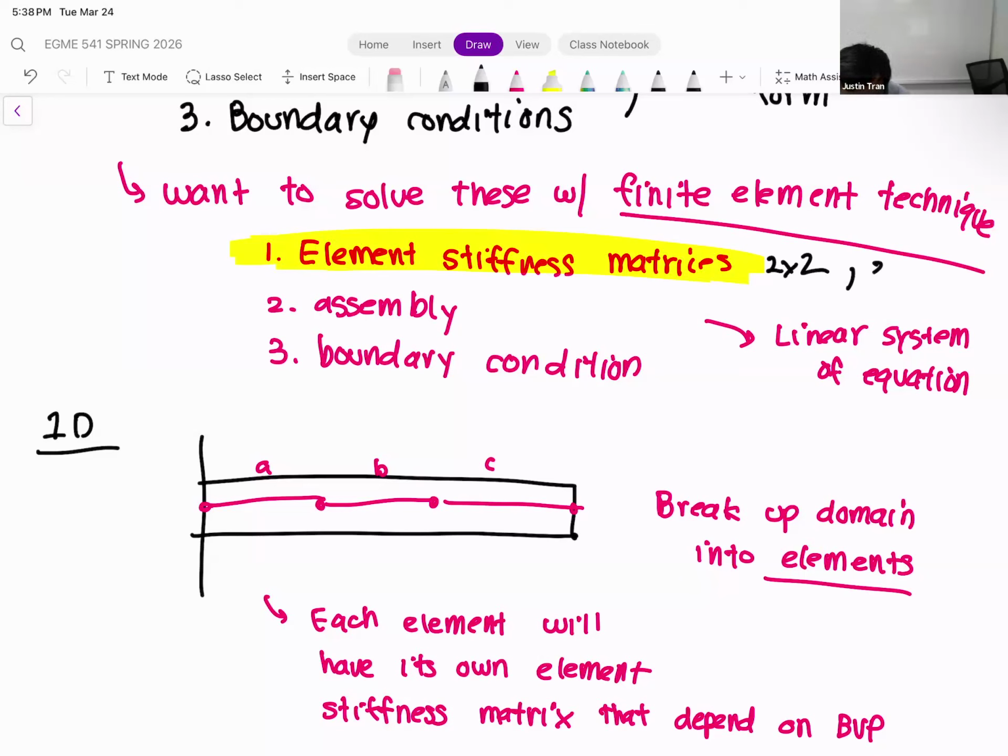Those are going to be either 3 by 3 or at most 4 by 4. So nothing too crazy. And we're not going to have systems with a bajillion different elements, so these problems are smaller. I promised that to many of you after the first midterm, but these problems are smaller just because the matrices are naturally much smaller than before.